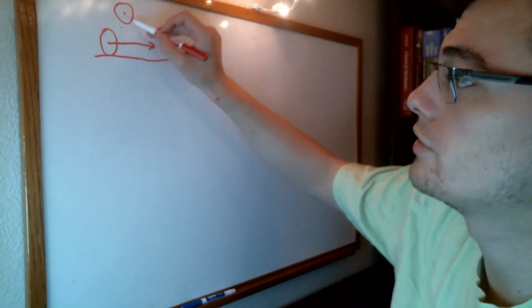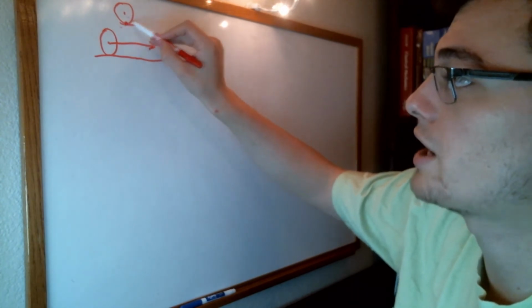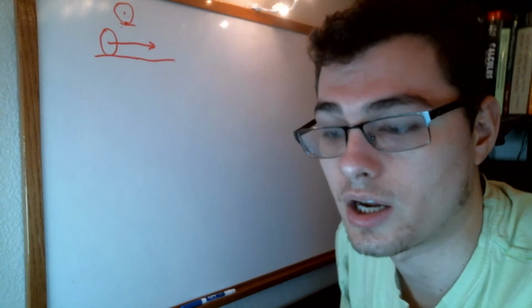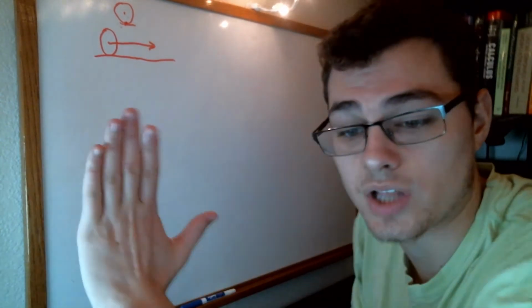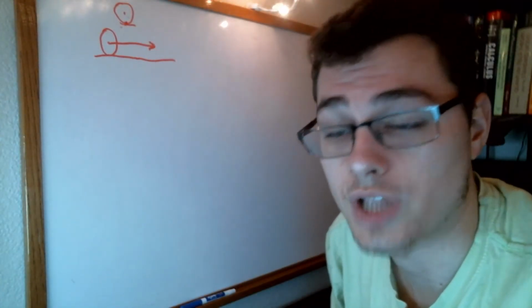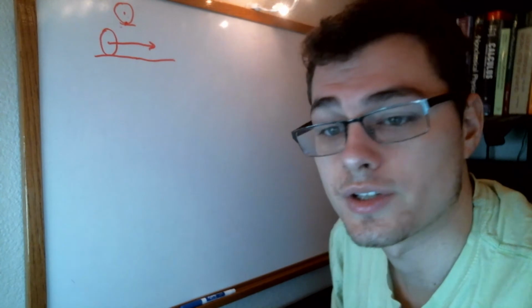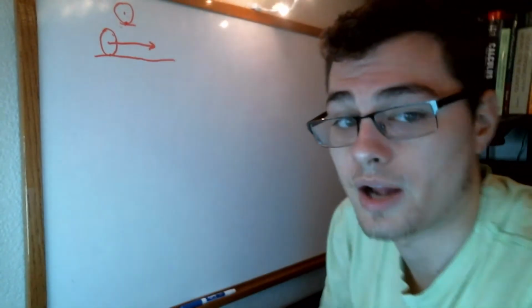So the point of contact is going to be the same down here. So technically it's rolling, but it's not actually sliding. Our coefficients of friction are meant for sliding friction. This is not sliding friction. This thing is rolling. So that static friction is making this tire constantly change its point of contact as that point touches the ground.